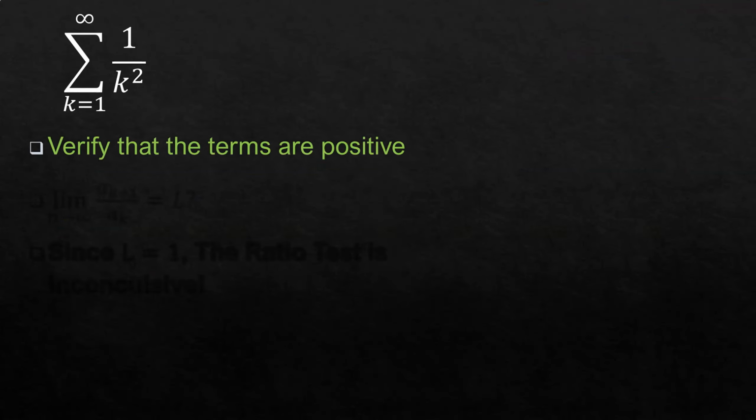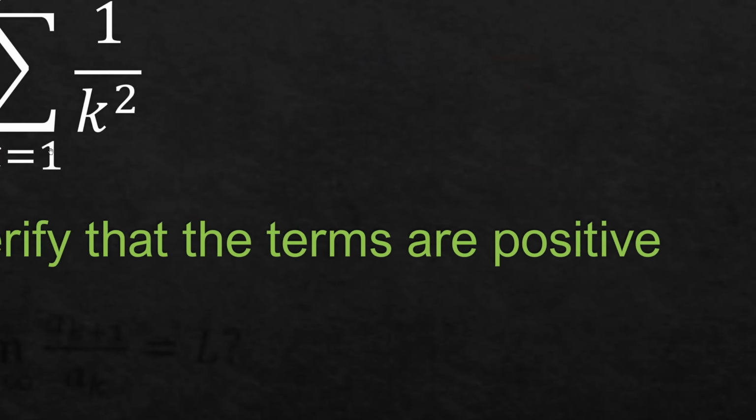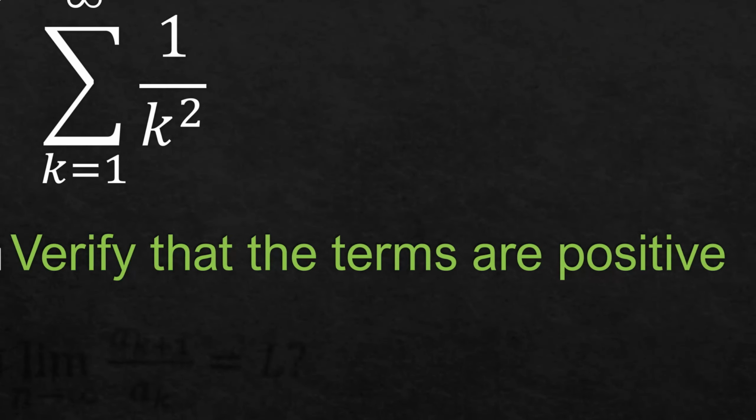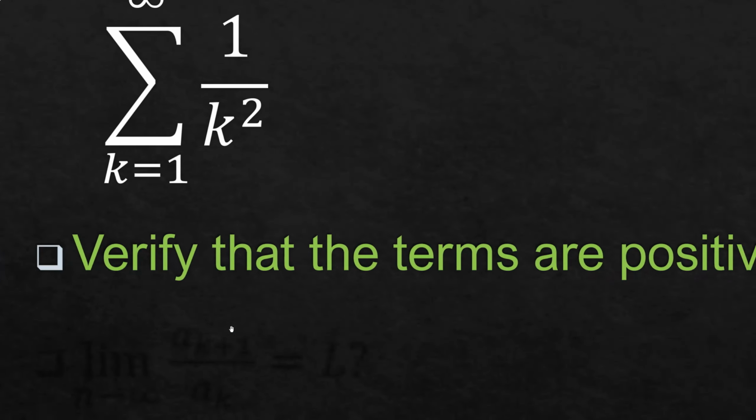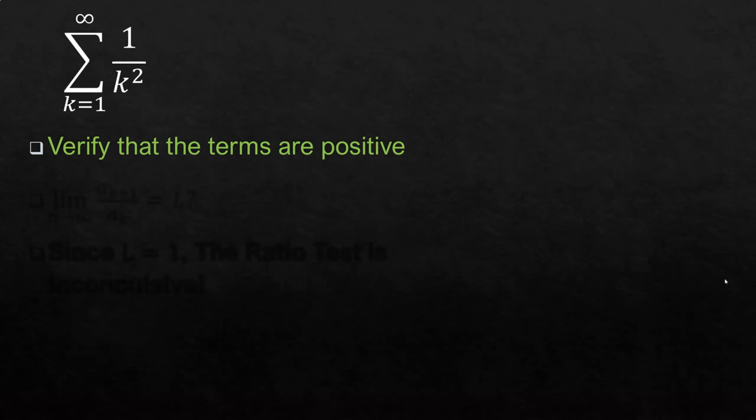Are the terms positive? And the answer is yes, because k squared is going to be a positive number. So the first condition is met because all terms are positive.